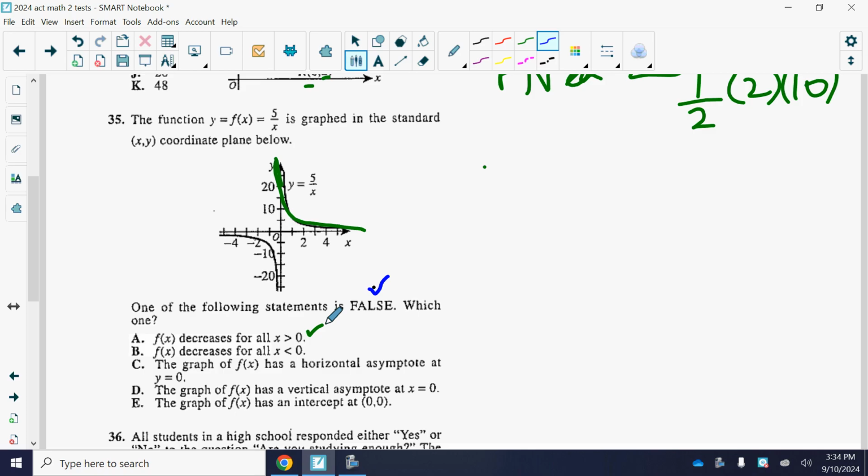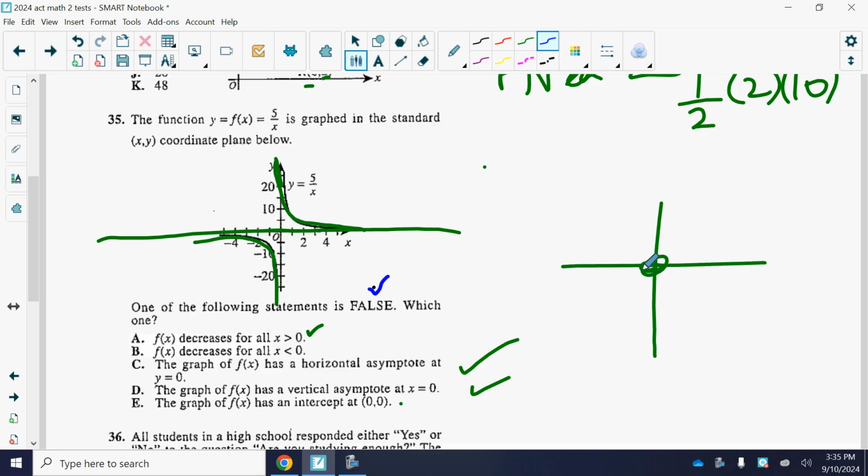Well, if you're less than 0, you're over here, and it's going down the whole time. Horizontal asymptote at y is 0. Yeah, huh? Vertical. Yeah, huh? And an x-intercept would mean there's a point at 0, 0. It's avoiding that like the plague. So the answer is E.